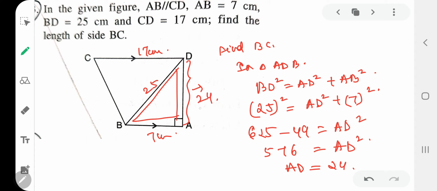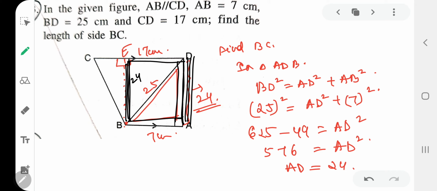Once you got AD as 24, now if I draw construction here, draw perpendicular from B to CD, name it as BE. Now if you notice, my dear kids, this becomes a rectangle. So if this is 24, this will also be 24.